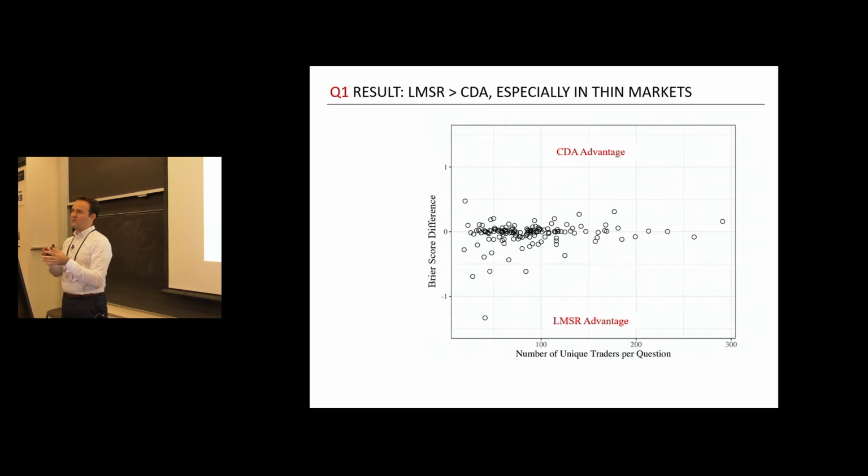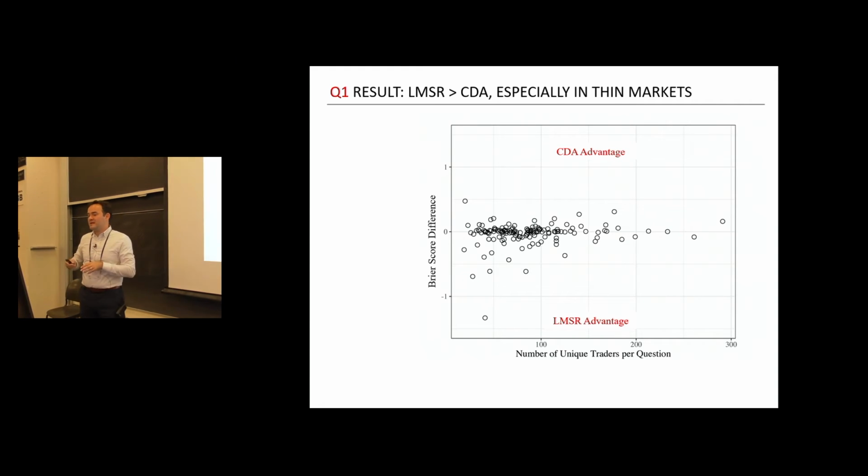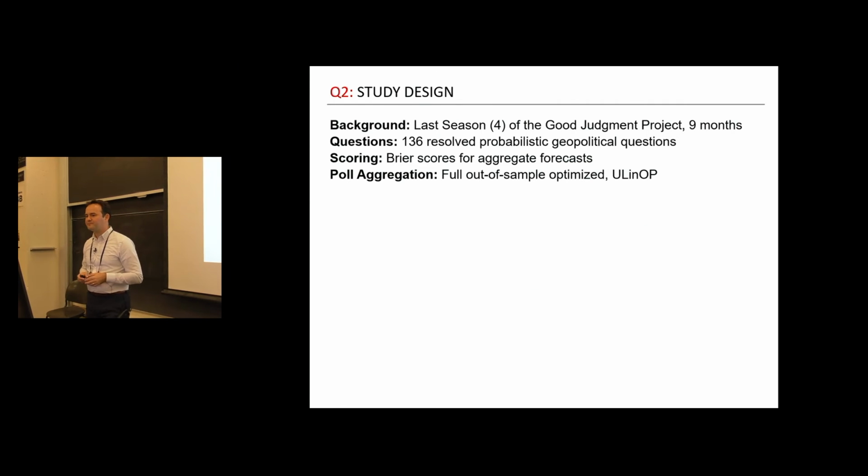On the other hand, on markets where both systems had, let's say, more than 100 traders, the accuracy was approximately the same. So what we're learning is that Robin Hanson's expectation that CDA will encounter thin market problems is consistent with our experimental results.